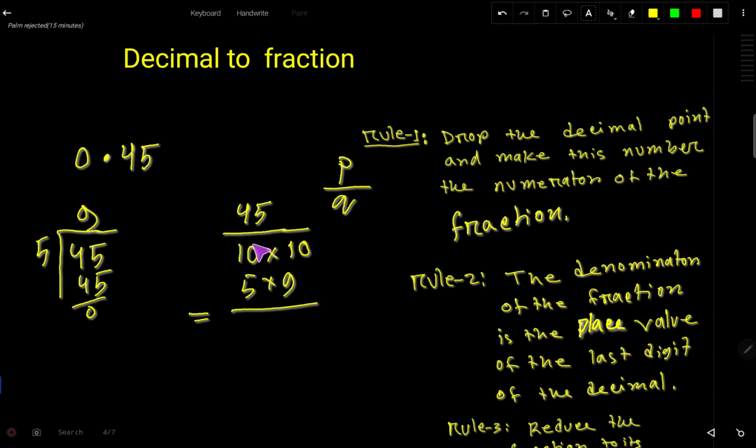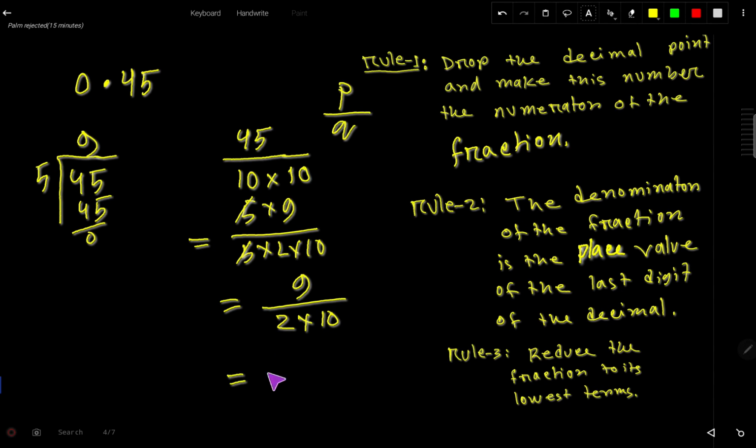And you can also split this 10 as 5 times 2, right? So this 5 cancels with the other, so you are getting here 9 over 2 times 10, right? So we are getting 9 over 20. You cannot reduce this fraction, so this is the answer.